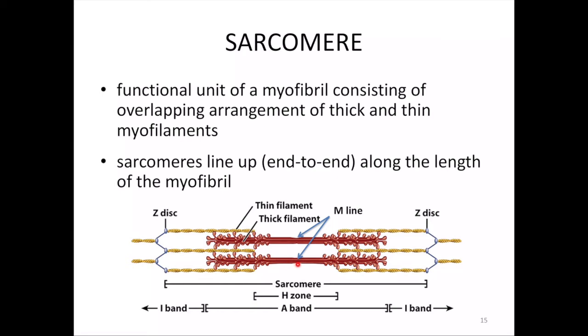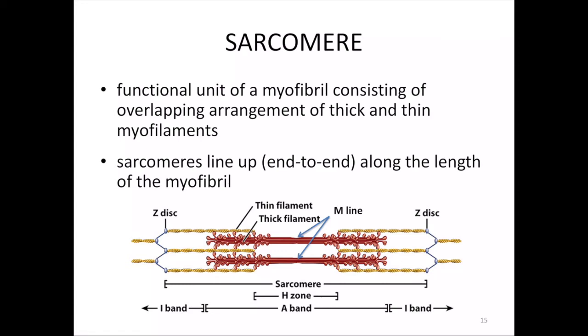We can see that we have all those myosin proteins where the tails are aligned at the middle of the sarcomere, which we call the M line. Then you have all the myosin heads that are moved off to the side. And then we also have our thin filaments, our actin over here, and we know our thin myofilaments are going to consist of actin, troponin, and tropomyosin.